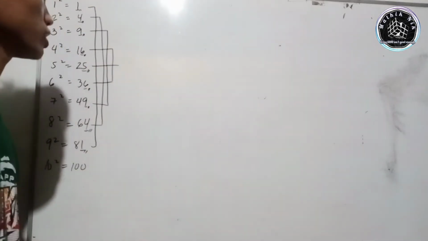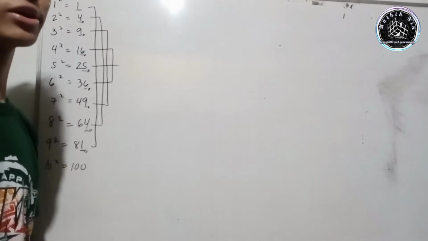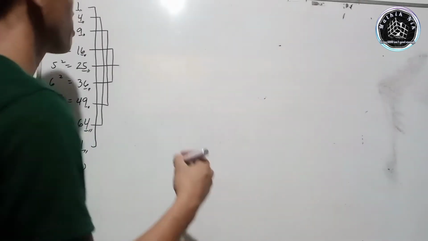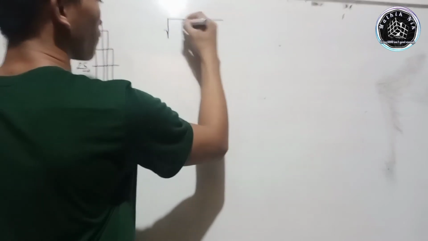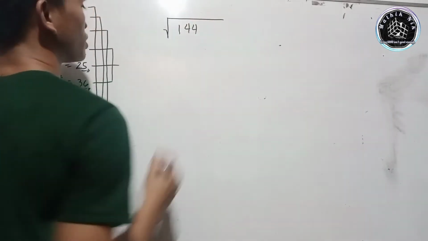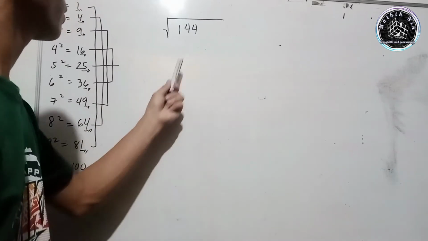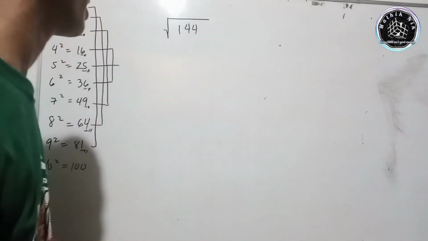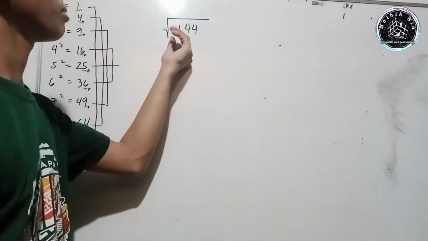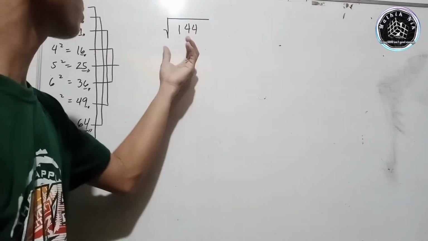So, without further ado, let's take a look at the guessing approach. For example, you've been given the problem: what is the square root of 1444? In the guessing approach, you only need to take a look at the last number and the first two numbers.